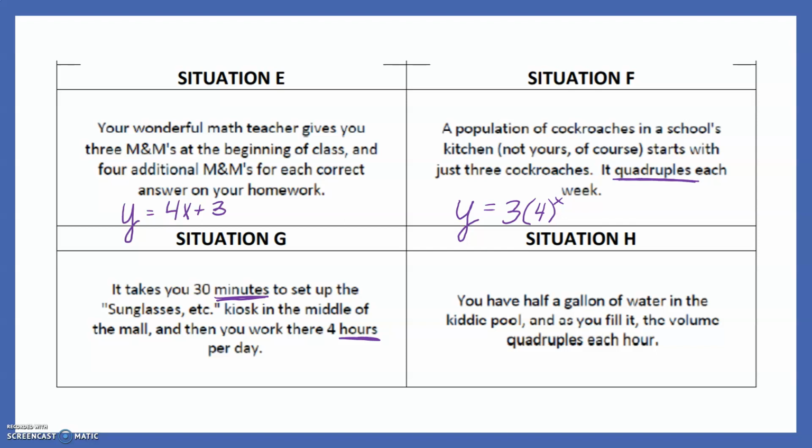So we want to make sure that all of our measurements are the same when we write an equation. So we will put all of these in hours. We'll change this 30 minutes to 1/2 hour. So when I write my equation, I get y equals 4x plus 1/2.